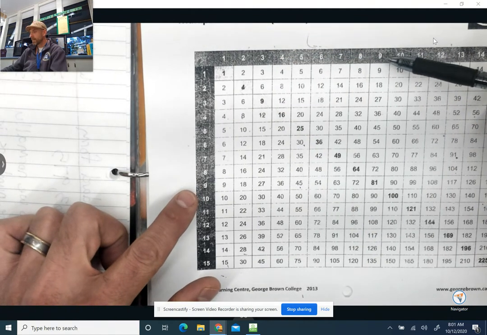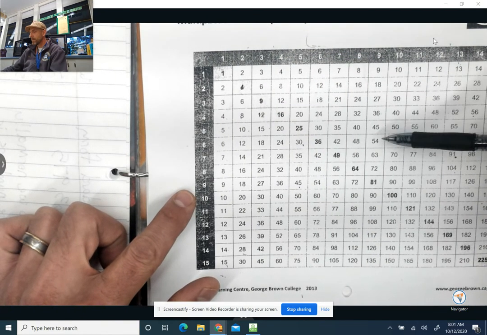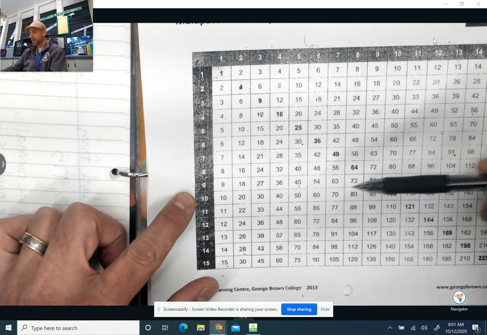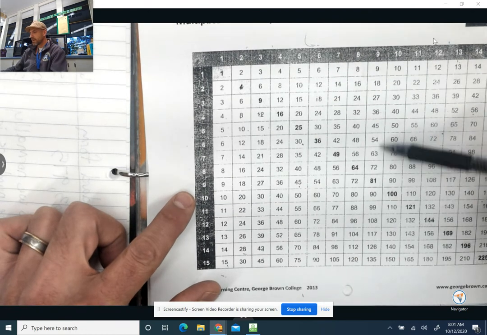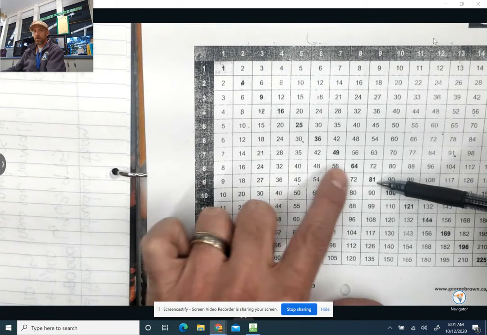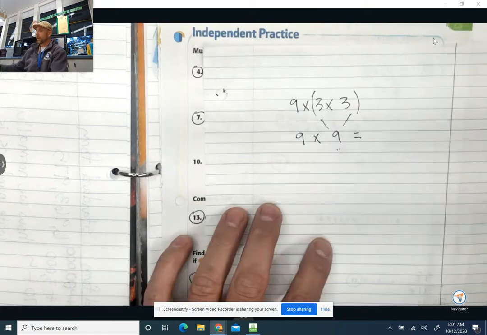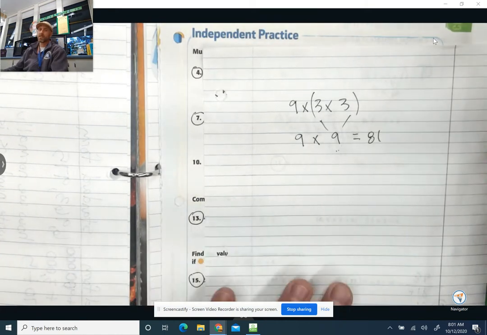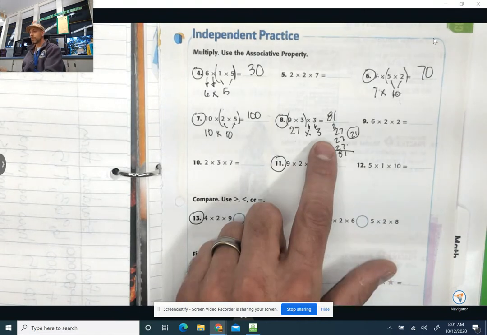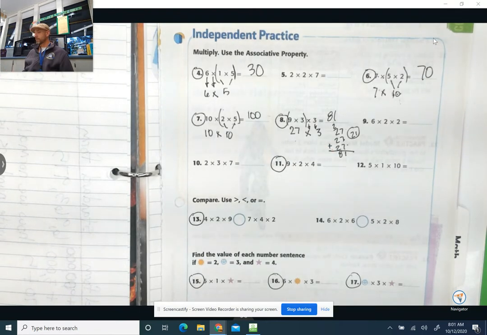Okay? Come down 9. 1, 2, 3, 4, 5, 6, 7, 8, 9. 9 times 9 is 81. Okay? Same answer, but a lot easier than adding 27 plus 27 plus 27, right? Or multiplying 27 times 3.